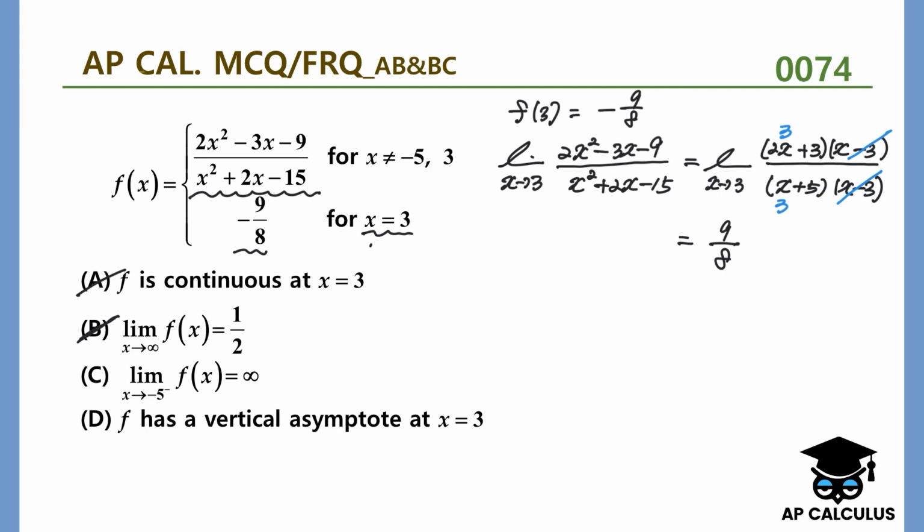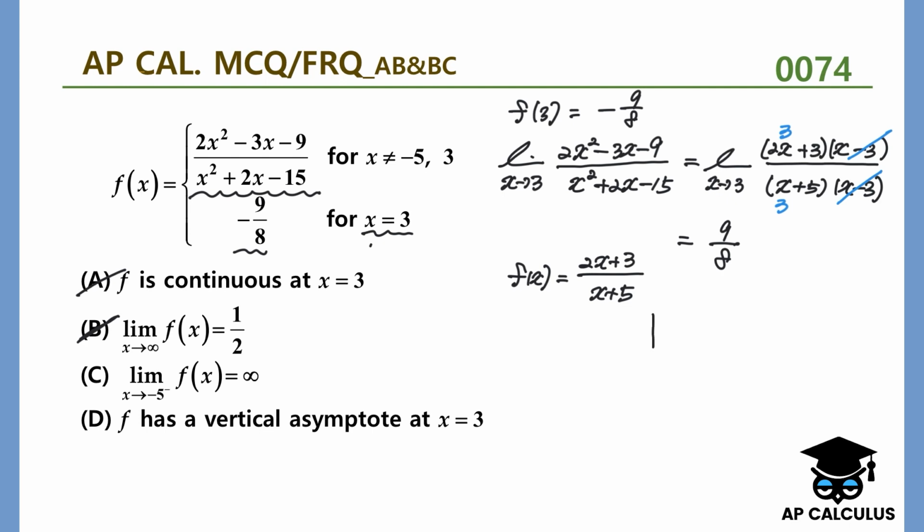So let me rewrite that. f of x is equal to 2x plus 3 over x plus 5. And the denominator is equal to 0 when x is equal to negative 5. So we have a vertical asymptote at x equal to negative 5. A vertical asymptote occurs when the denominator is equal to 0.